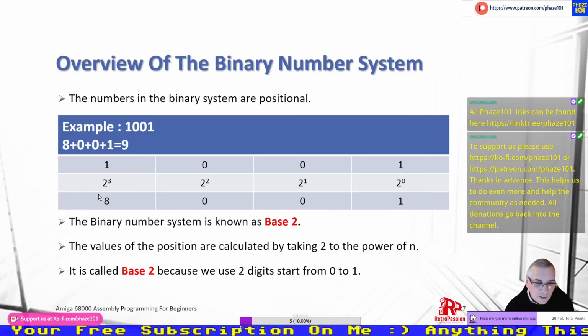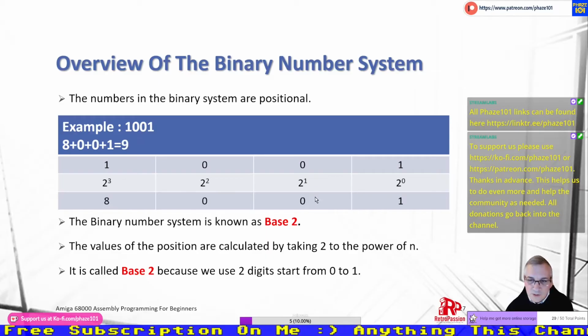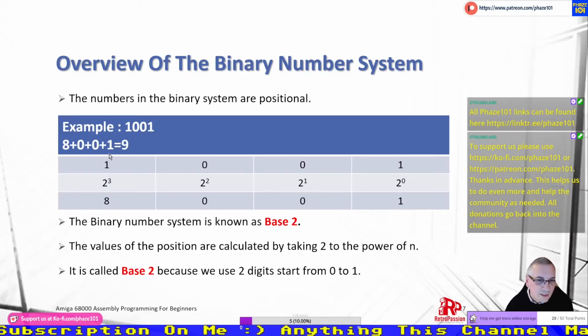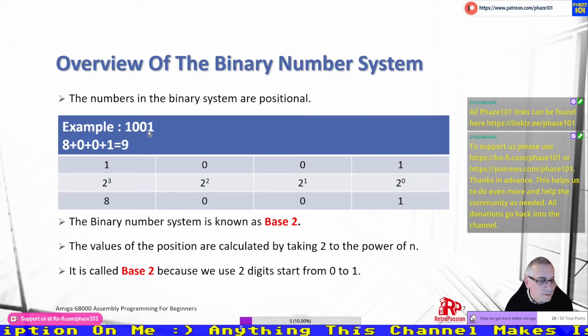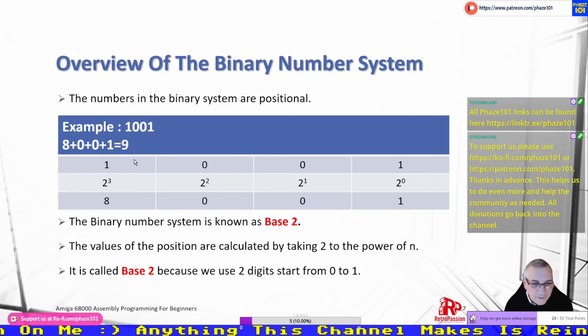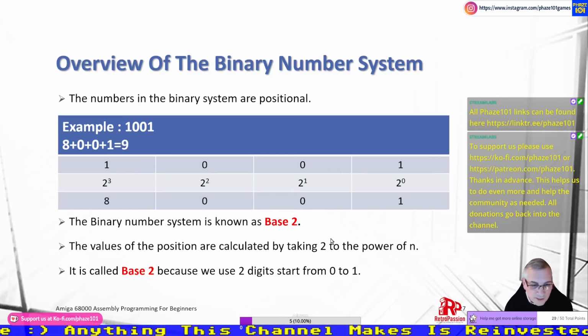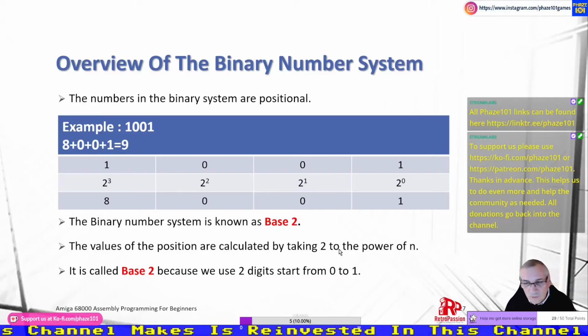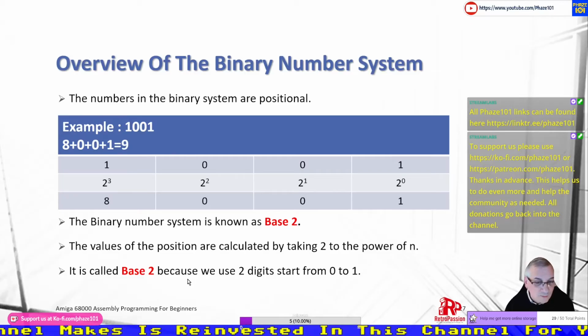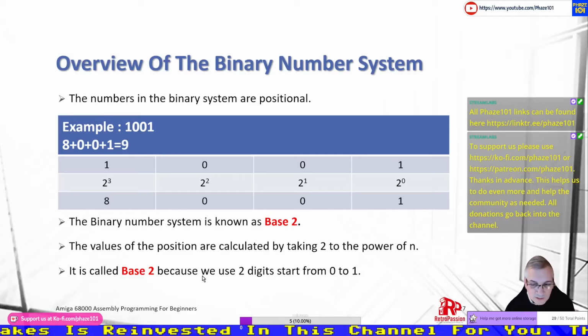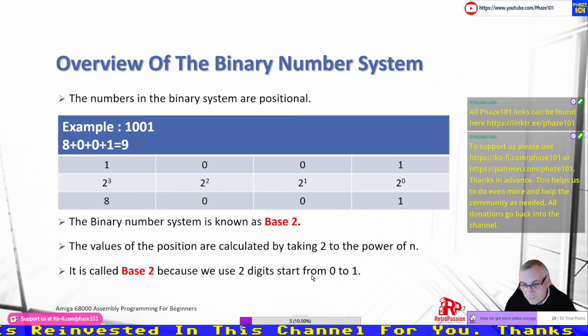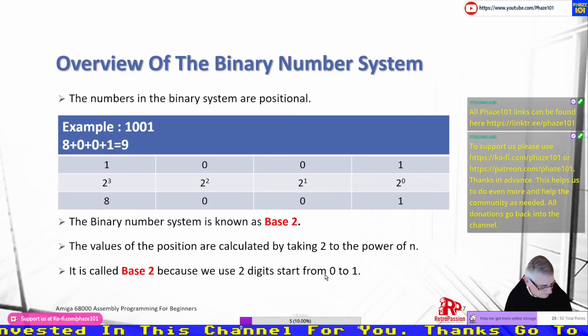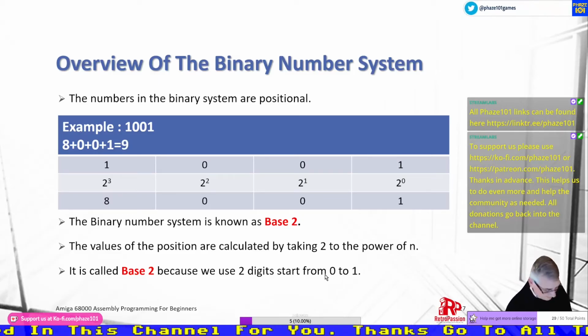It's 8, in this case, then 0, 0, and 1. If you add them together, it's 9. So 1001 is 9. It is known as base 2. The values of the positions are calculated the same as decimal, 2 to the power of n. It is called base 2 because we use 2 digits, 0 or 1.